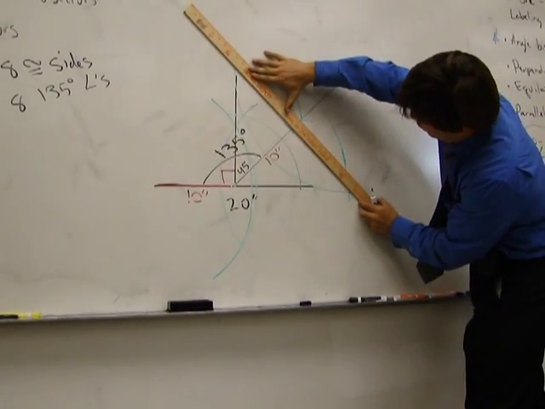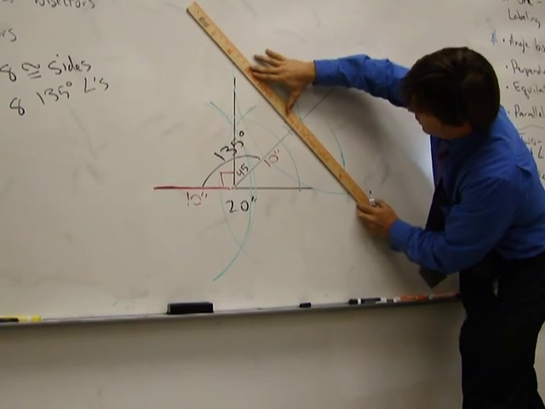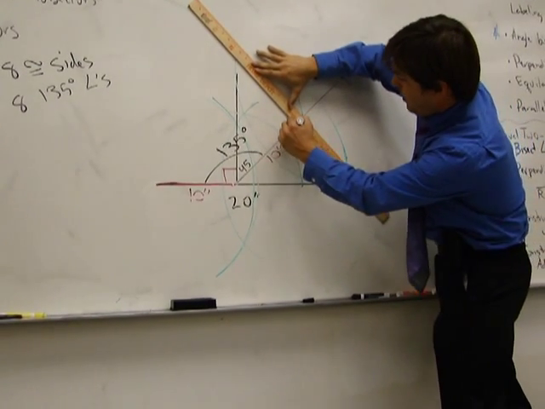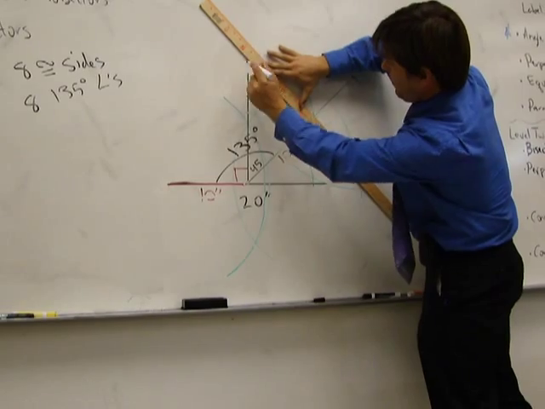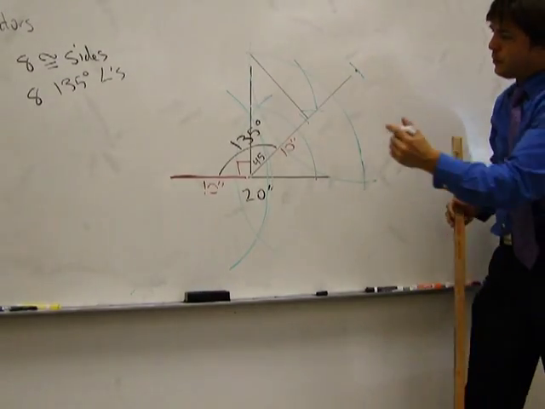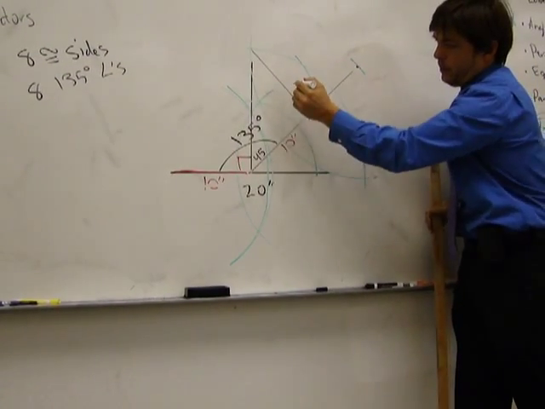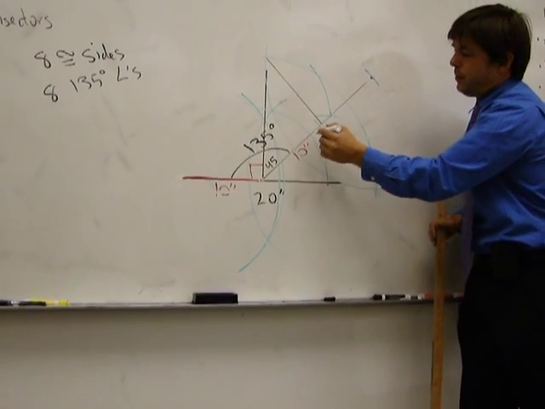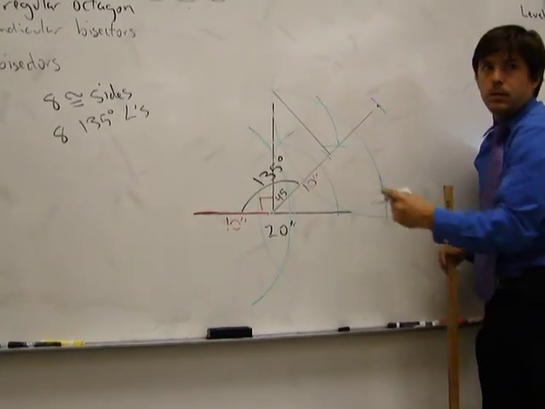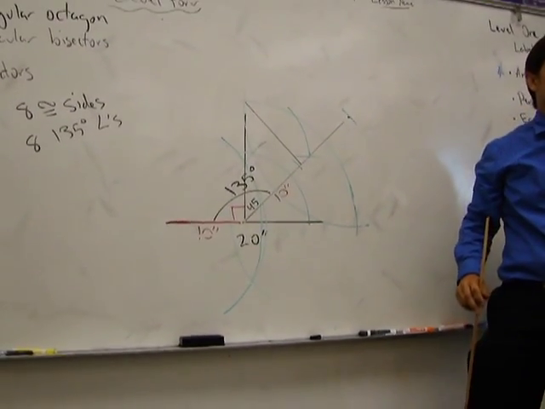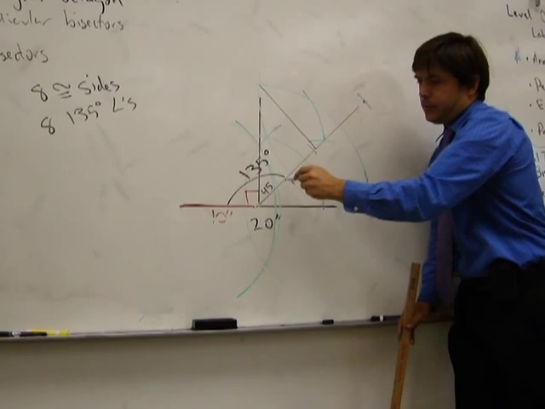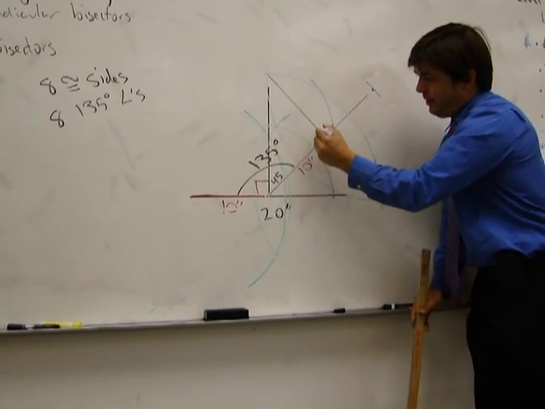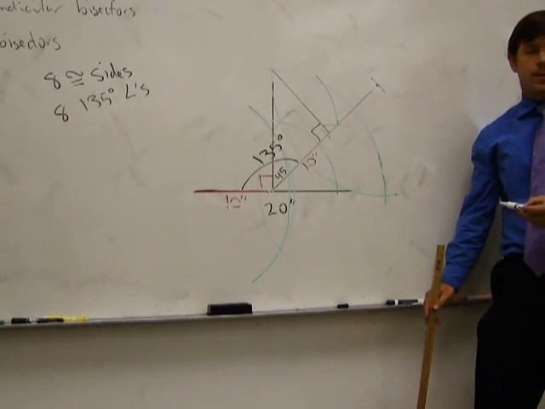I'm only going to work on the inside of my octagon, so I'm not going to even bother with this out here. So guys, what is the measure of this angle right here? It's a perpendicular bisector, guys, and I'm showing it to you. What is it? 90.